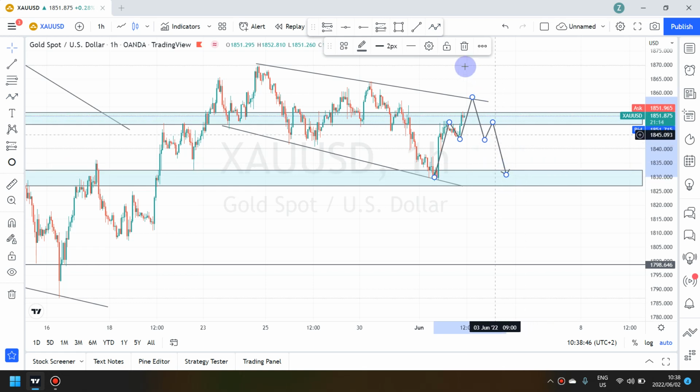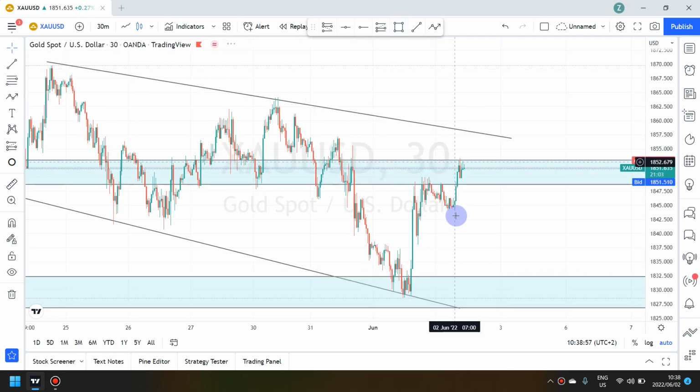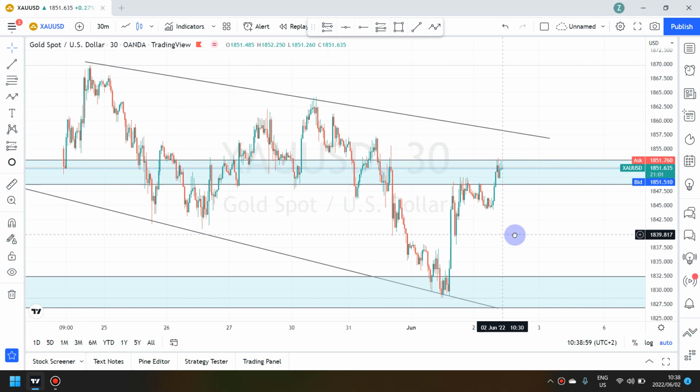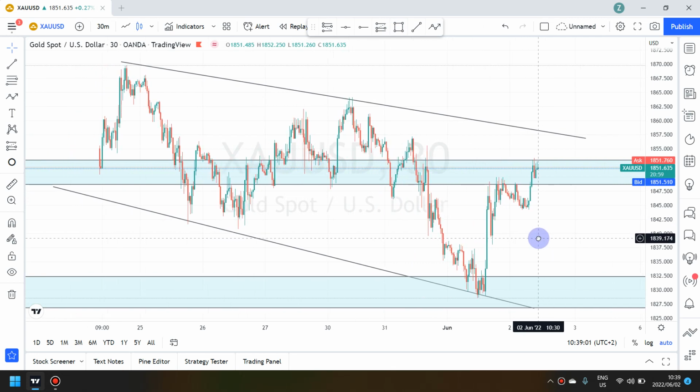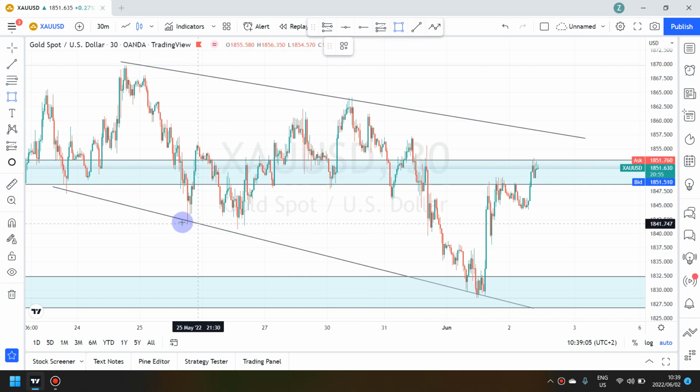So basically that's how you'd cater for trading opportunities or setups. So if I move to the 30 minutes time frame, okay, this is the minor zone.